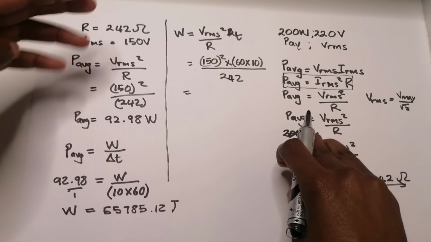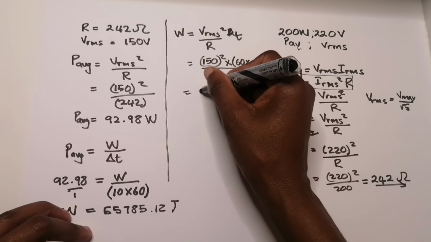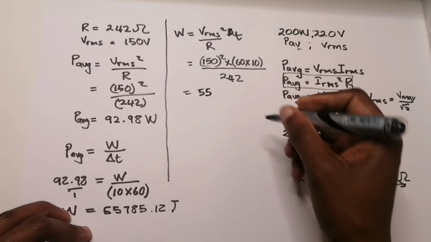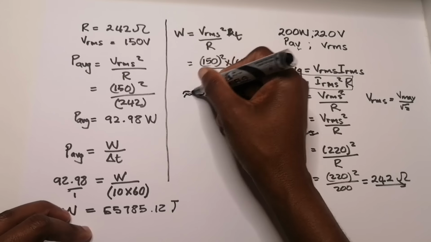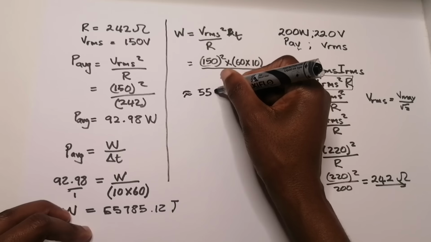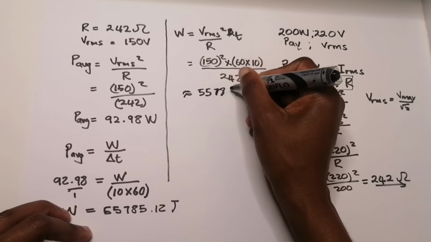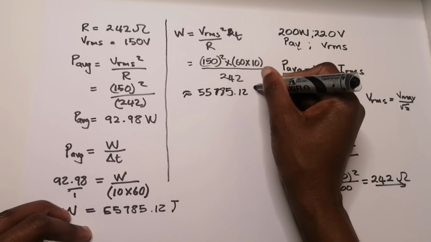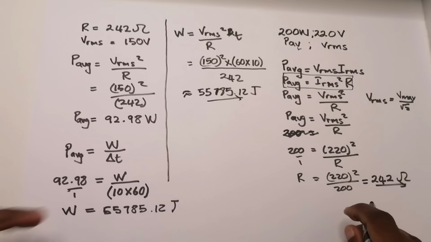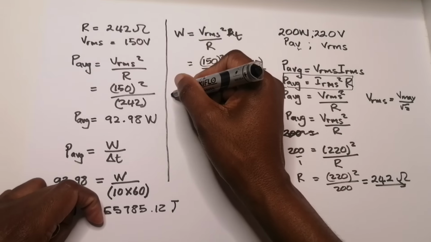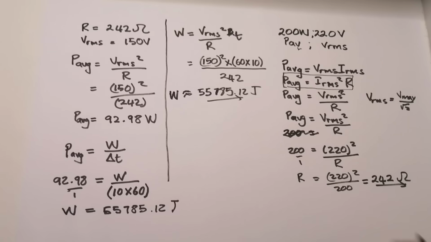Believe you me, ladies and gents, it would have saved you from all of this. You'd still get more or less the same answer: 55,785.12 joules. So that would be our final answer for the energy that is dissipated.